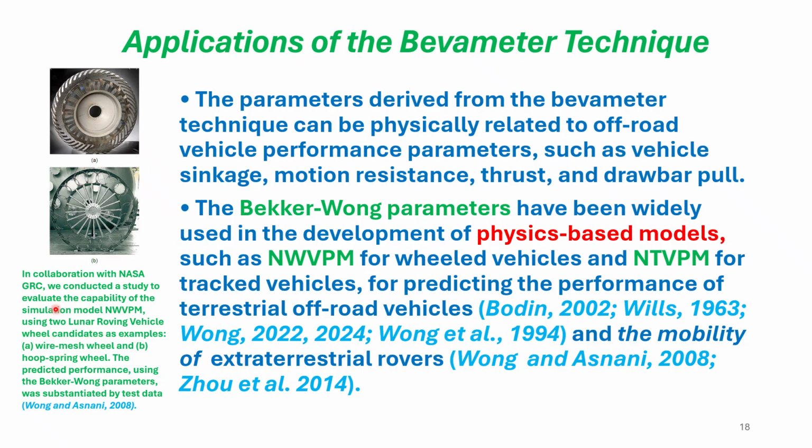One is the wire mesh wheel, and the other is the Hope spring wheel. The predicted performance using the Bekker-Wong parameters was substantiated by test data.